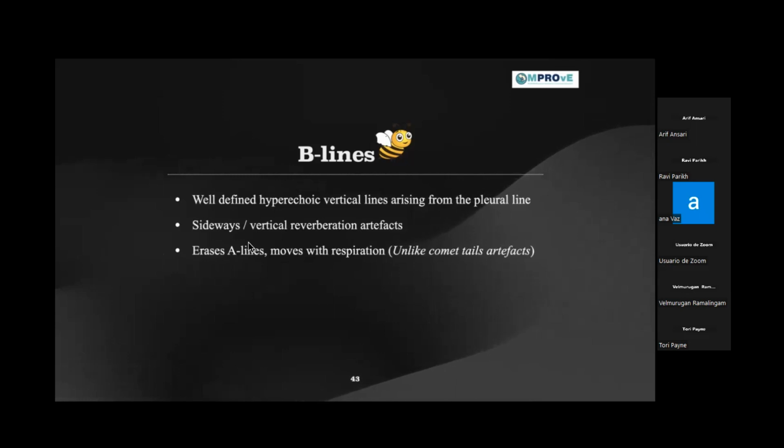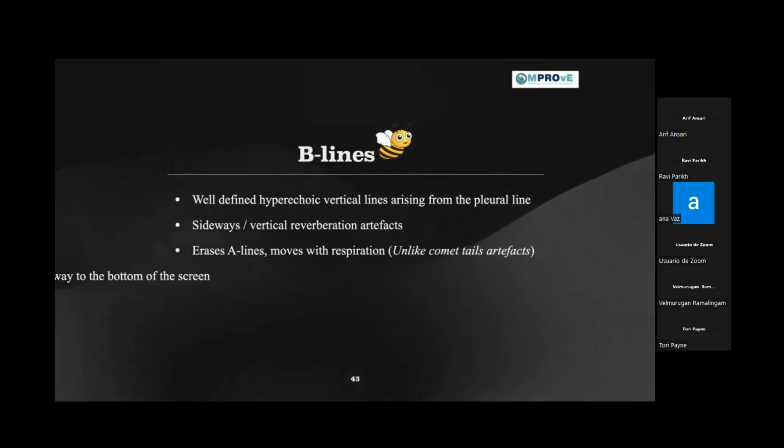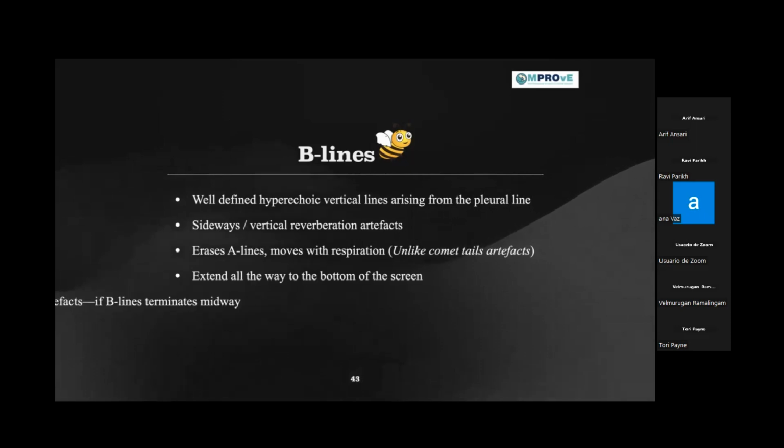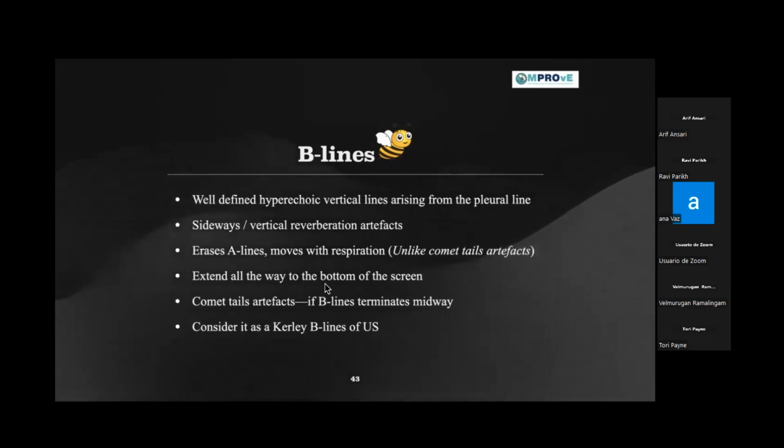Important difference from the A lines, from the comet-tail artifacts, is that it erases the A lines. You will see when I show you the clips, it moves with respiration, unlike the comet-tail artifacts. It extends all the way to the bottom of the screen. Comet-tail artifacts terminate midway.